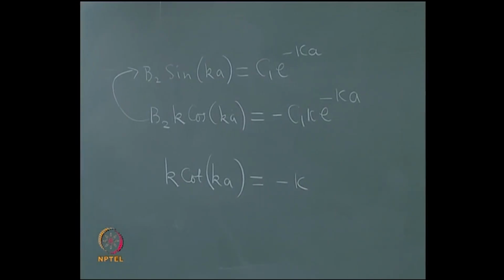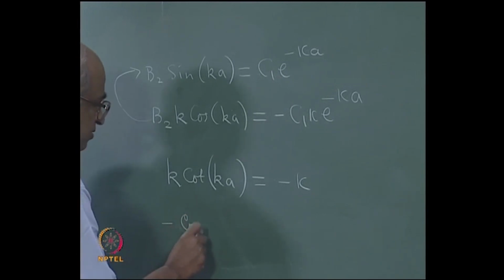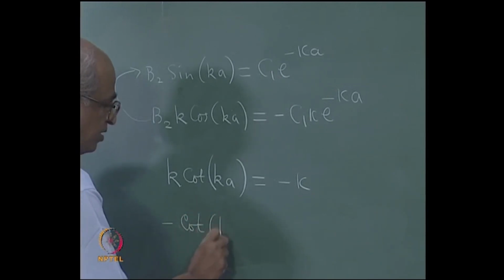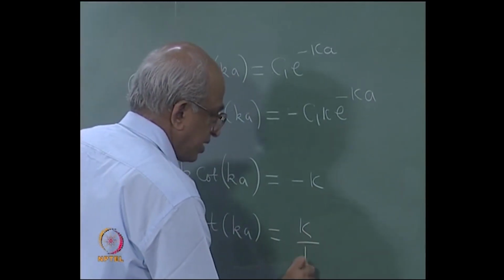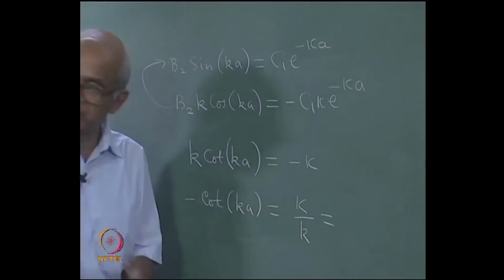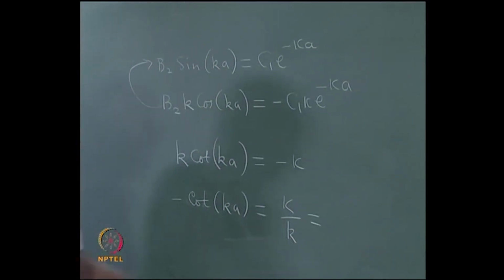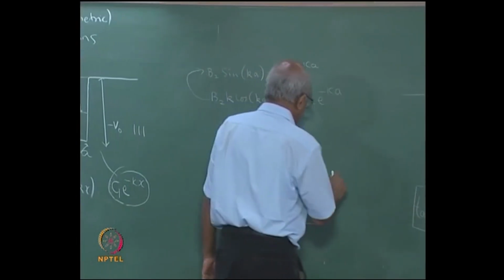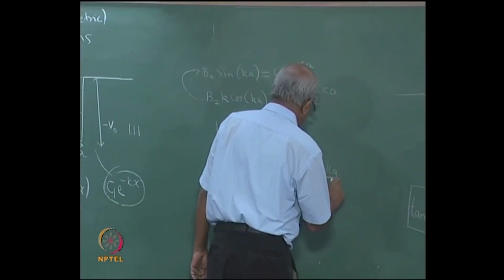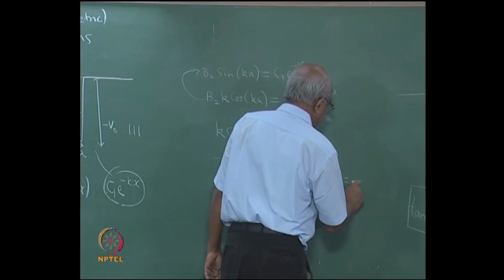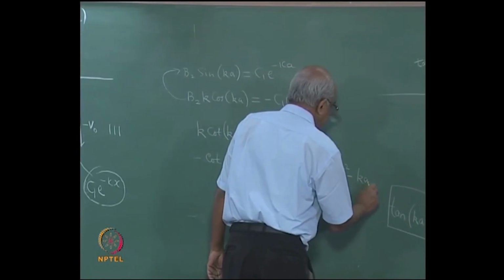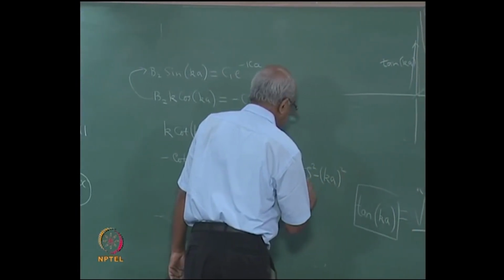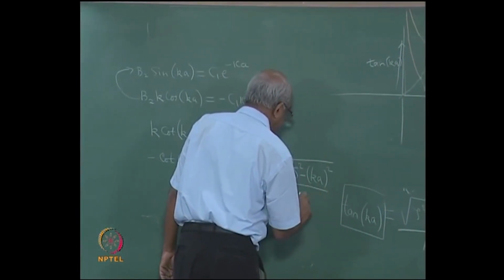That is the result, which I can rearrange as minus cot Ka is equal to kappa by K, and you remember the manipulations that we did earlier. Kappa by K can be written as kappa a by Ka, which may be written as the square root of zeta square minus Ka square, divided by Ka.